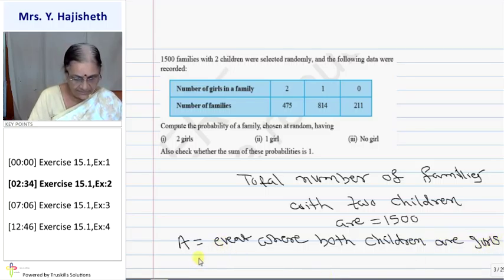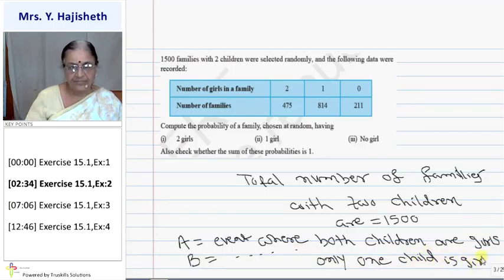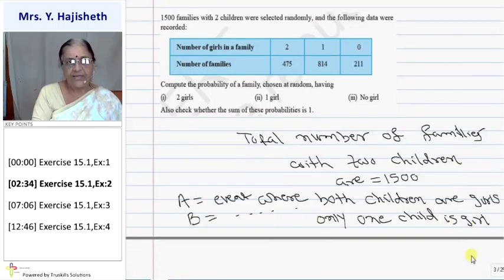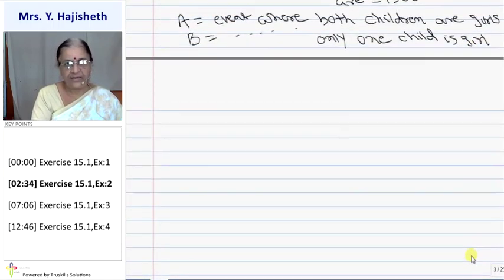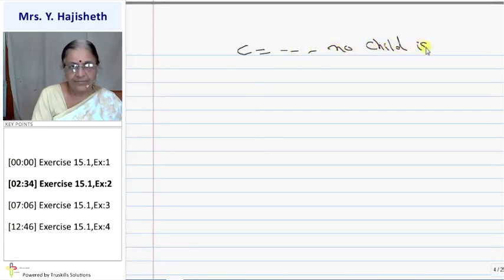B is an event where only one child is a girl. And C is an event where no child is a girl. Okay.